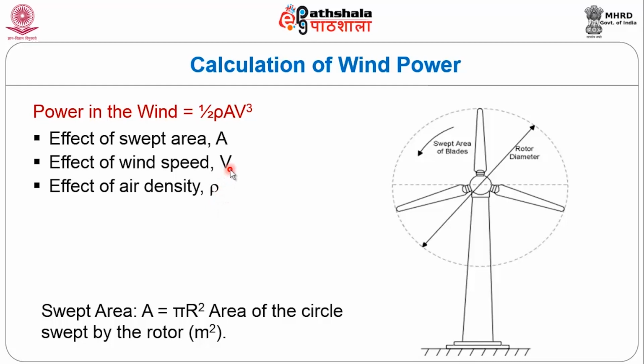We cannot do anything with the velocity and air density, but we can make some modification in the swept area, so that we can increase the power output. Swept area A is pi r squared, the area of the circle swept by the rotor. As long as it is maximum, the power output will also be the maximum.